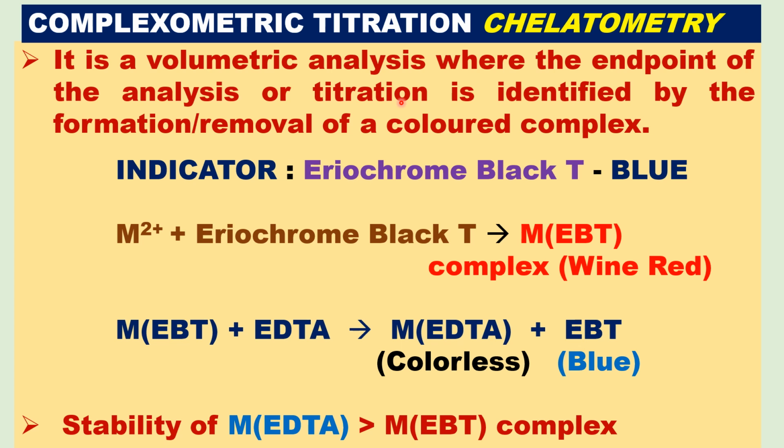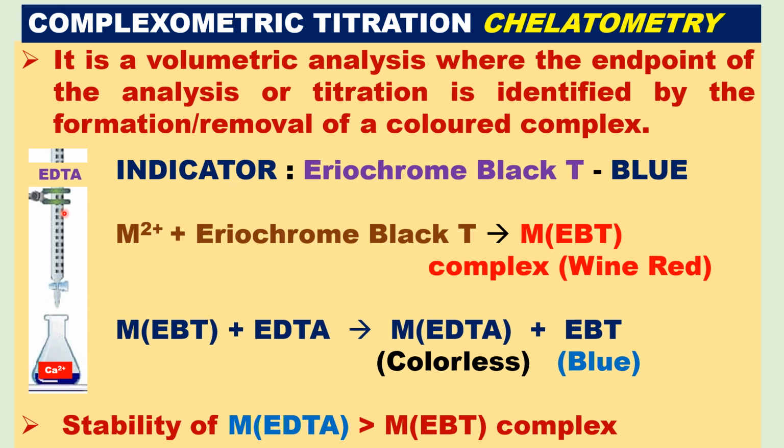At the end point, a colored complex is formed or it is removed. Now let us take a hard water sample in a conical flask and add Eriochrome Black T indicator to it.